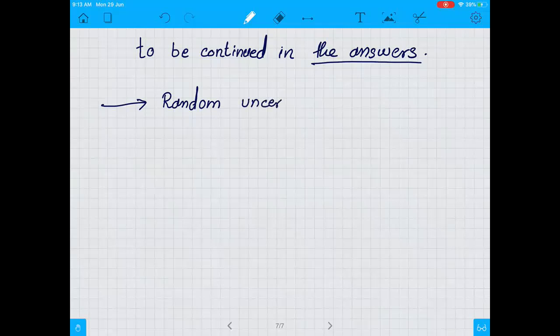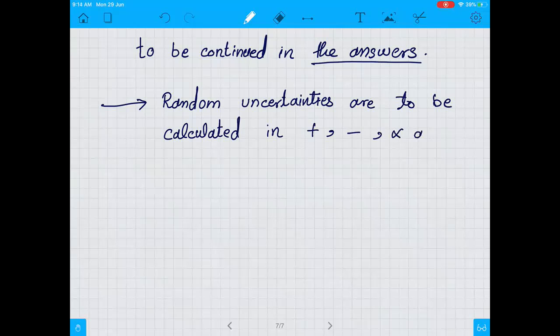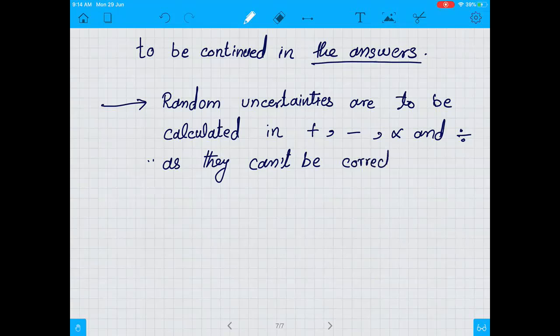Random uncertainties are to be calculated in plus, minus, product, and division, as they cannot be corrected.